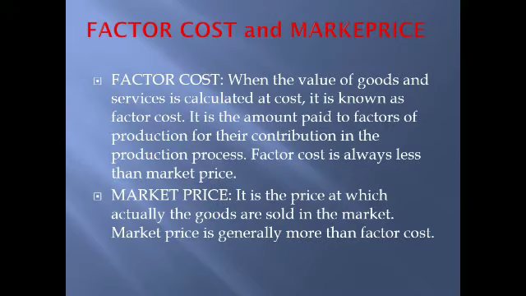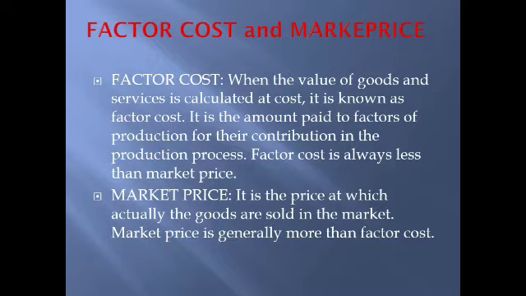Now I will explain to you what factor cost and market price are. This is again a very important concept. Without knowing this, you will not be able to go ahead in national income. So first of all, we come to factor cost. When the value of goods and services is calculated at cost, that is cost of production, then it is known as factor cost.